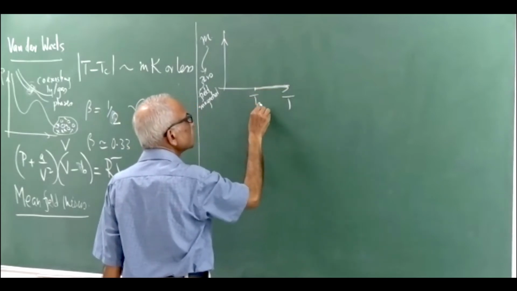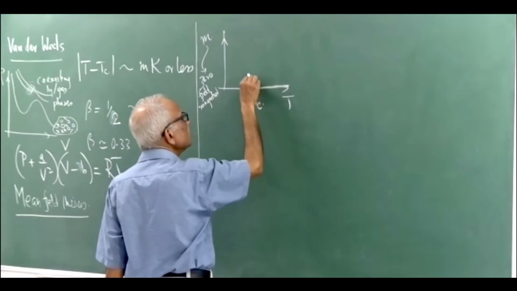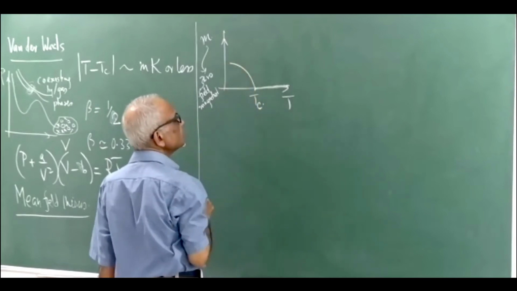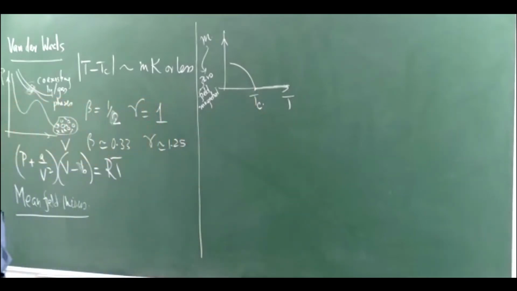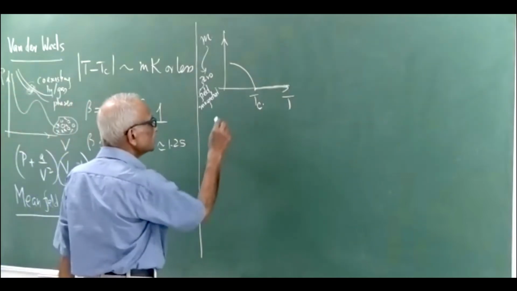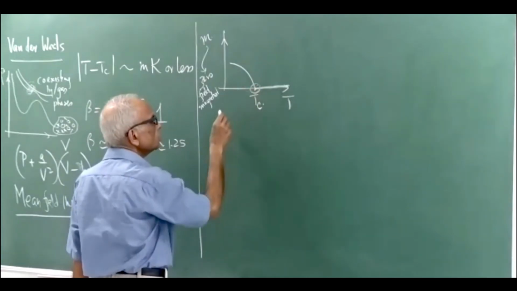And then there is a critical point, Tc, and then the magnetization starts growing, and you have a magnetization versus temperature curve, which goes like this. And it is the susceptibility near this point over here.